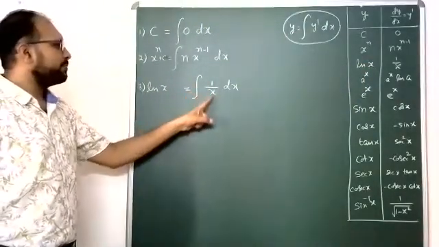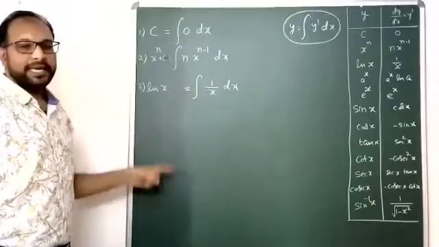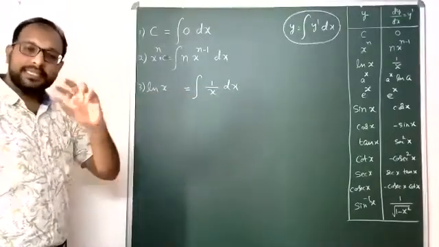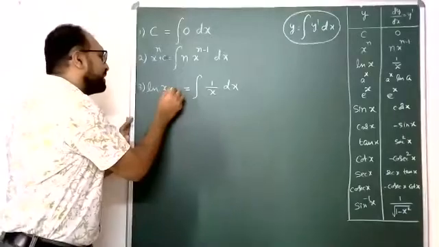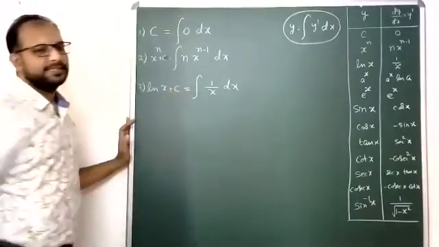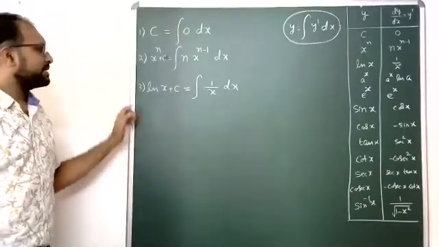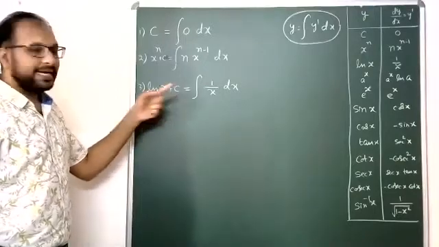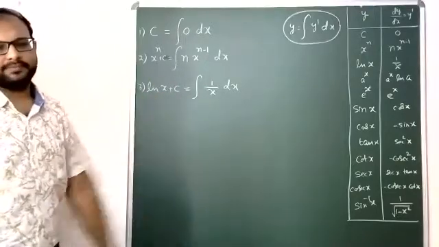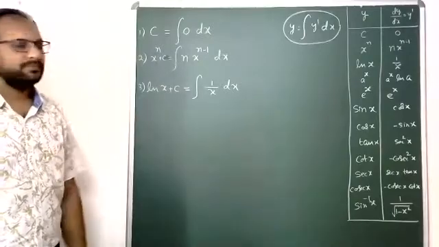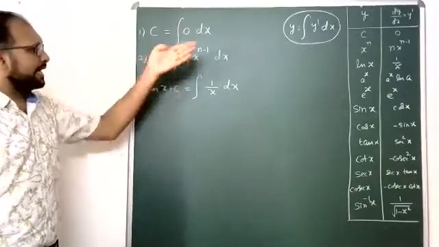So the integral of 1 by x dx is ln x. Just like previous, you can write plus one constant, because the derivative of ln x plus c is also 1 by x, because the derivative of a constant is 0.